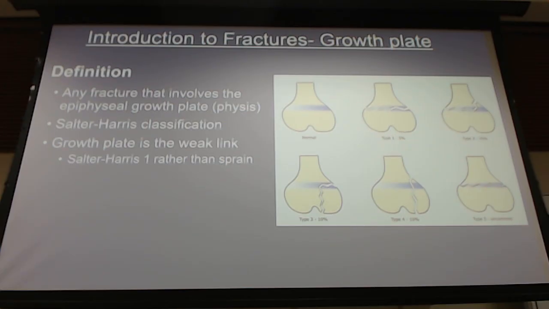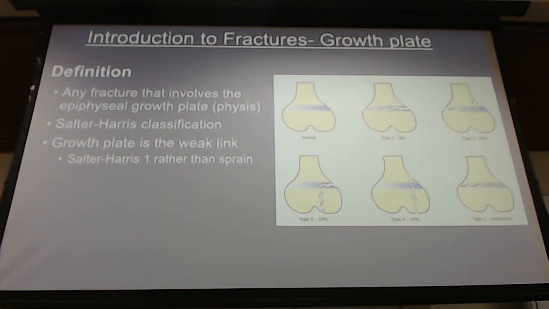Type 1 fractures are fractures across the growth plate. Type 2 fractures go across the growth plate and into the metaphysis of the bone. You notice that as I describe these fractures, I start with fractures across the growth plate, because all of the Salter-Harris fractures involve the growth plate.